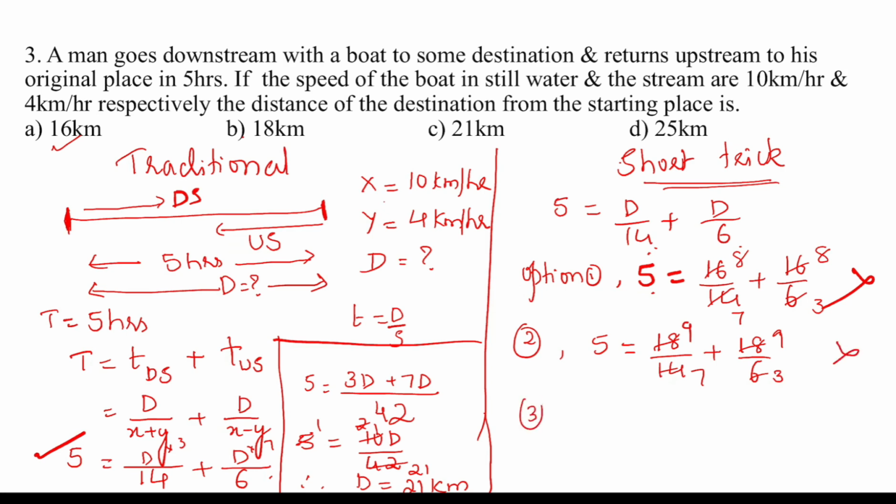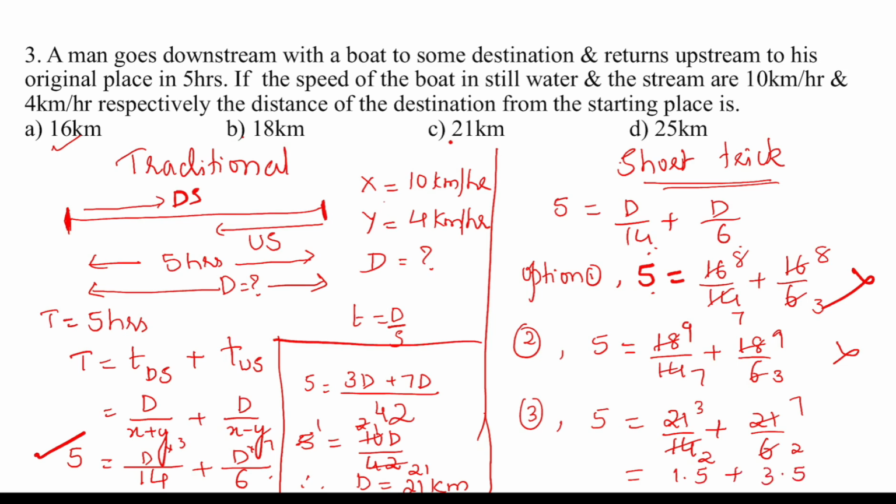Now let us go to option number 3. Option 3 is 21. Now 5 is equal to, in place of D, 21 by 14 plus 21 by 6. So it is 3 by 2 and 7 by 2. Now 3 by 2 means 1.5, plus 7 by 2 means 3.5.